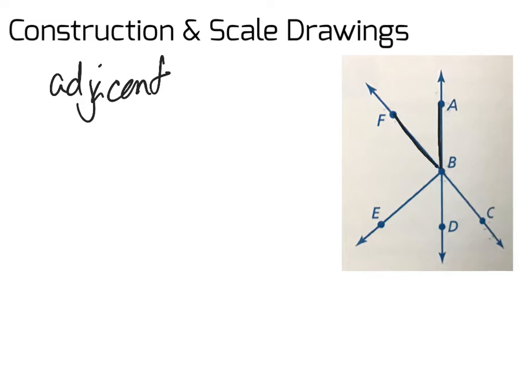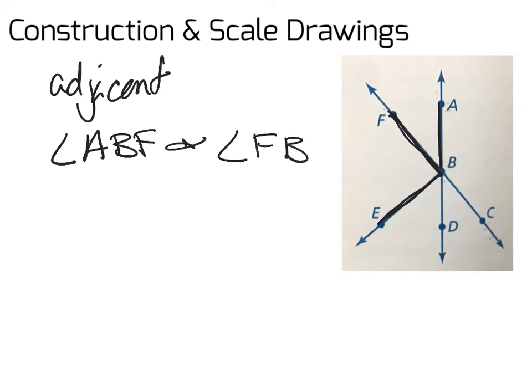I'm going to say that angle ABF and this one right here, angle FBE, are adjacent. I could have done several different ones. That's just one set of examples of adjacent angles in this image.